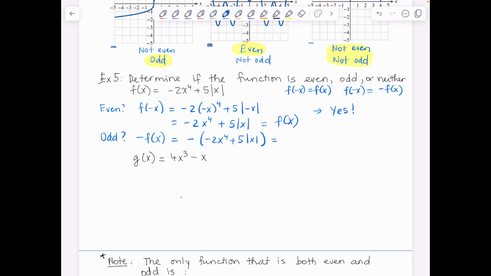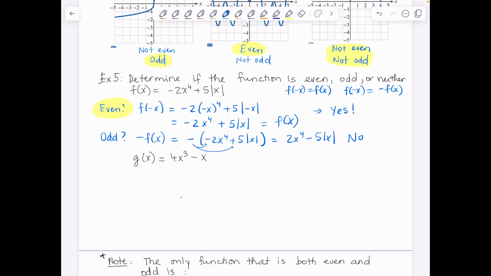Now we will distribute the negative, so this will become a positive 2x to the fourth, and then the negative times a positive will give you a negative. Comparing negative f of x, which we just obtained, with f of negative x, which we obtained earlier, you can see that the two are different. Therefore, this function is not odd. It is even only.